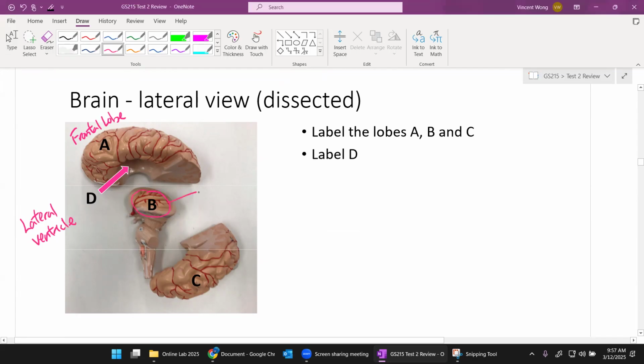This is the insula lobe. It's a lobe that is responsible for processing gustatory information, tastes, and then C is the temporal lobe.